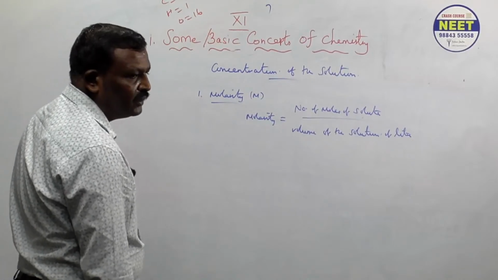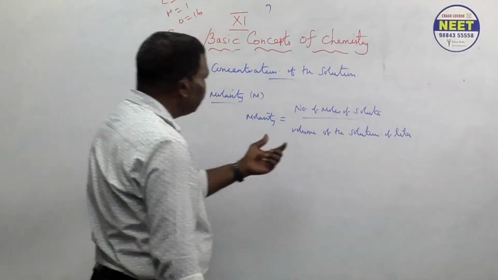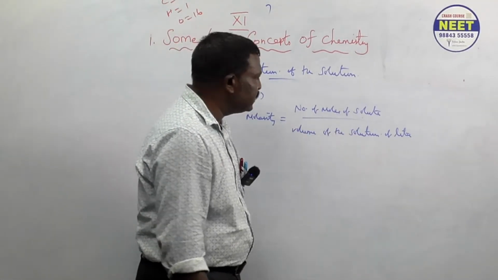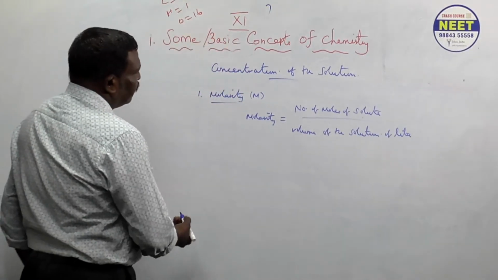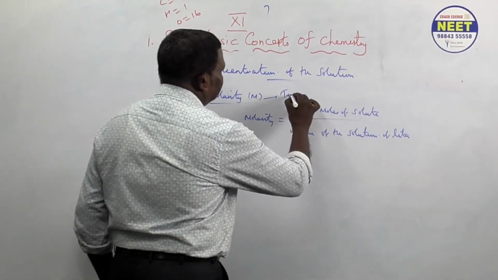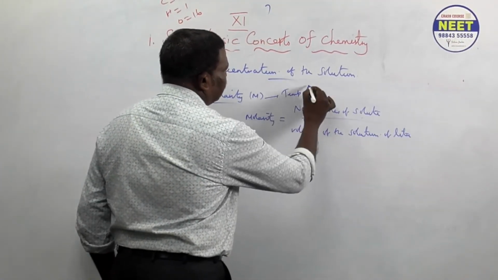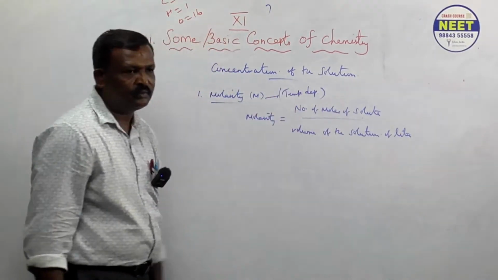You know that is the formula, studied already in the solution chapter. Number of moles of solute by volume of the solution in liters. Understood? It is temperature dependent, just note down. Volume term is coming, so it is a temperature dependent value. Just note down, they also ask it.